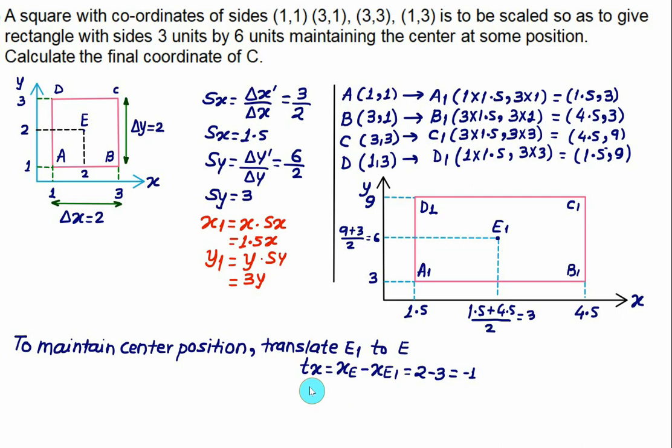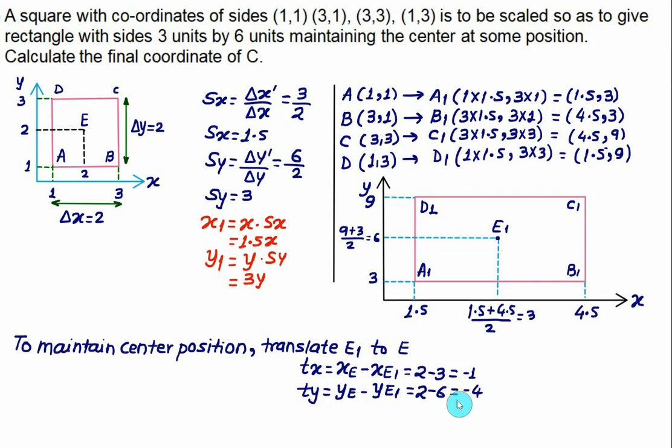Similarly, we have Ty equal to the y coordinate of E minus the y coordinate of E1. The y coordinate of E is 2 and the y coordinate of E1 is 6. So we require a translation in the y direction equal to -4 units.